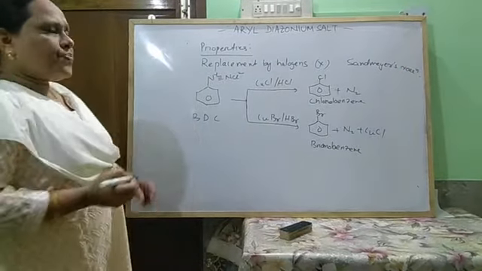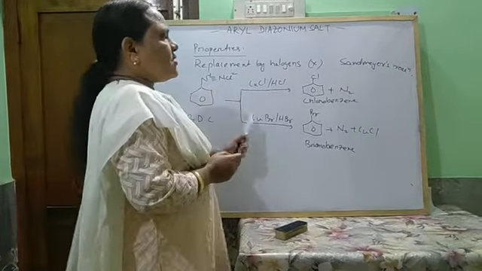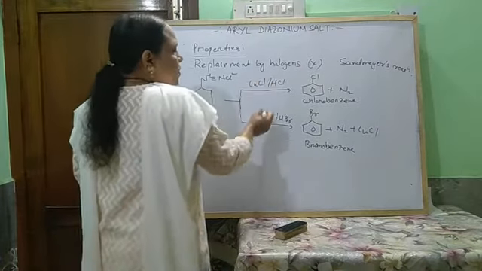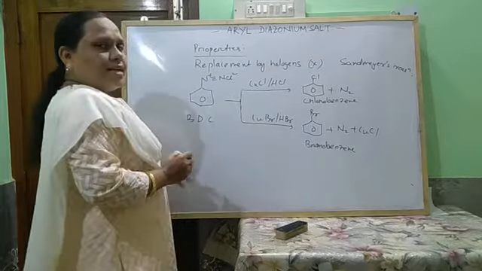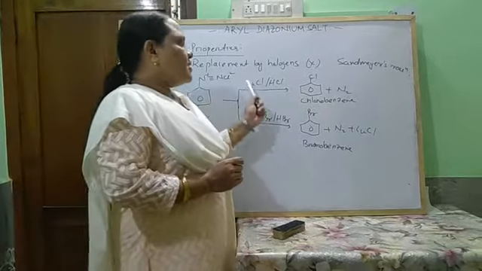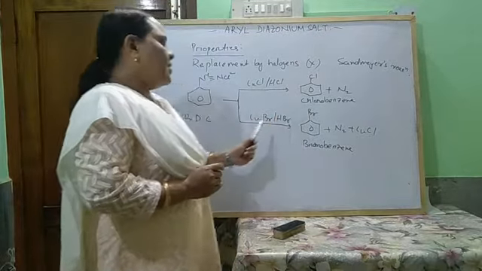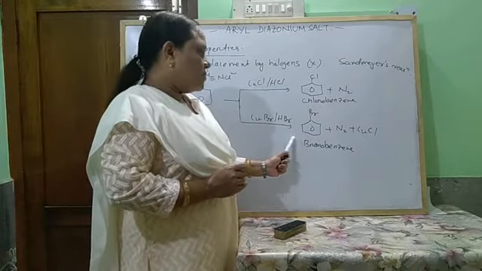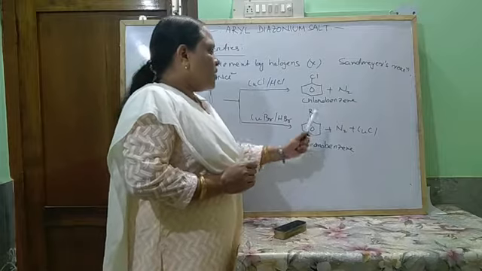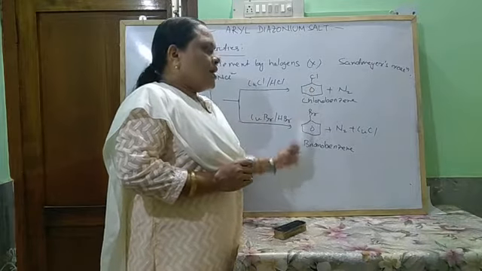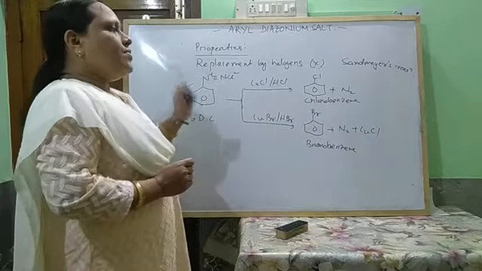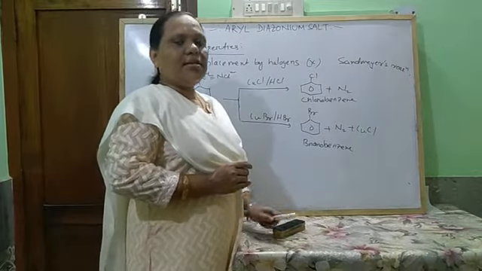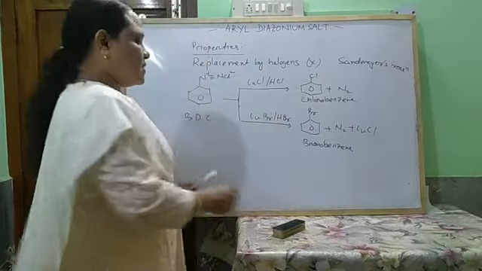Sandmeyer's reaction. This reaction is modified if, instead of copper chloride and copper bromide, copper powder is taken in the presence of HCl and copper powder is taken in the presence of HBr, then also chlorobenzene and bromobenzene are formed, and this reaction is known as the modified Sandmeyer's reaction or Gattermann reaction.